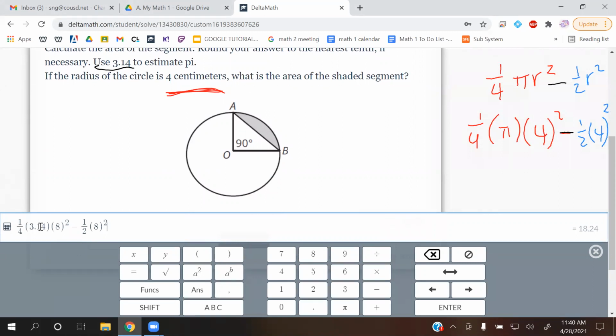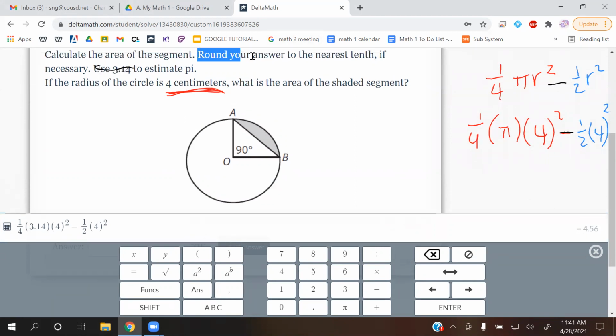One-fourth times 3.14. Remember, we're using 3.14 to estimate pi, so I'm going to leave it as 3.14. Here, the radius is now 4. So I literally just changed the equation so it looks like this one with the new radius, and it tells us 4.56.